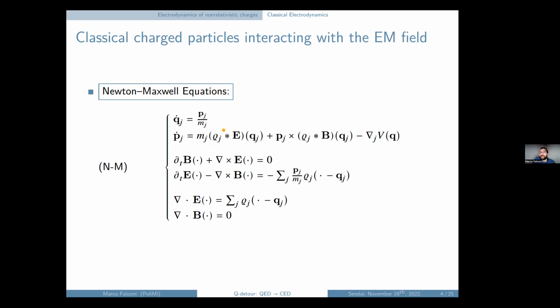We can even consider particles that have zero total charge. If the total charge is zero and the distribution of the charge is homogeneous, of course we don't have any interaction with the electromagnetic field.